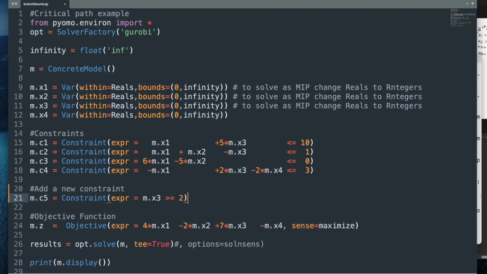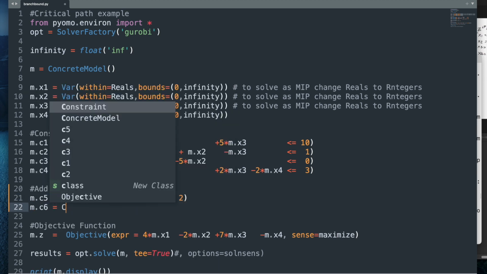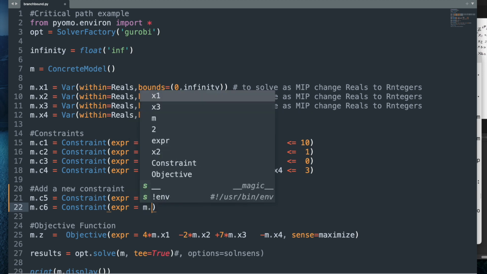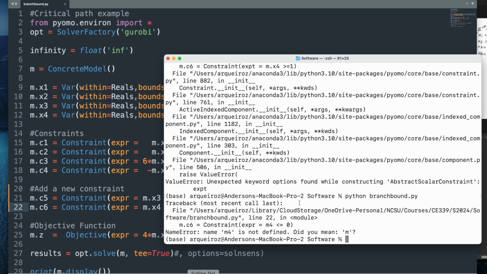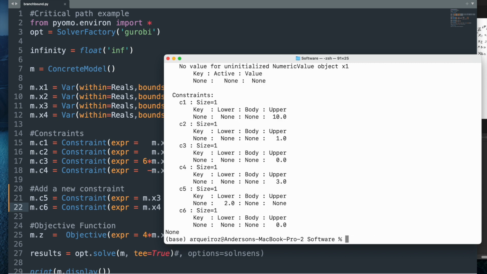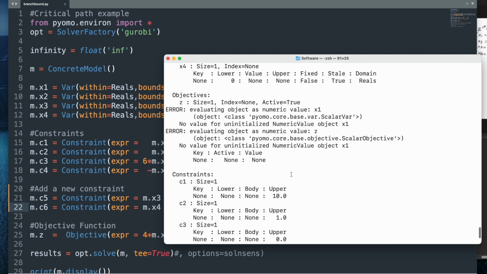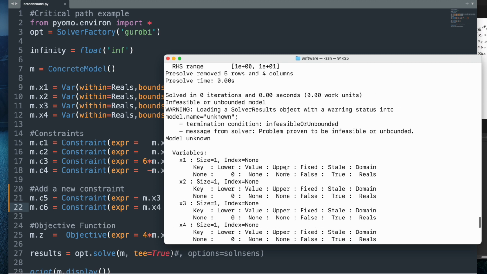Okay, so now to solve the subproblem D, we need to add a new constraint that we're going to call constraint 6. So this is a constraint that has an expression, and this expression says the decision variable x4 should be less than or equal to 0. We'll save this, we'll go back to Python and run it, and we were not able to find any value for our problem, right?